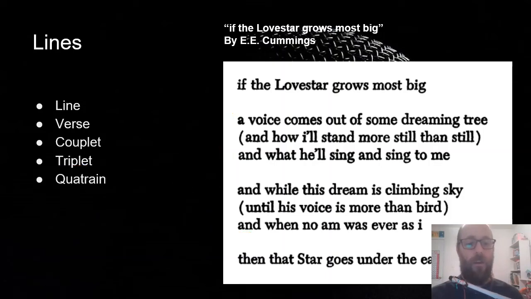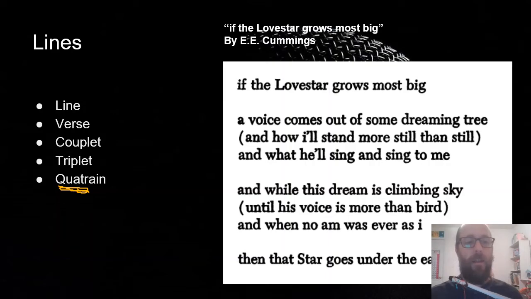A quatrain. So, what do you think a quatrain is? Cuatro, if you speak Spanish, cuatro means 4. Okay? So it's 4 lines. So here we have 1, 2. Wait, what? No, that's not right. I got my languages wrong here. Let's try this again.